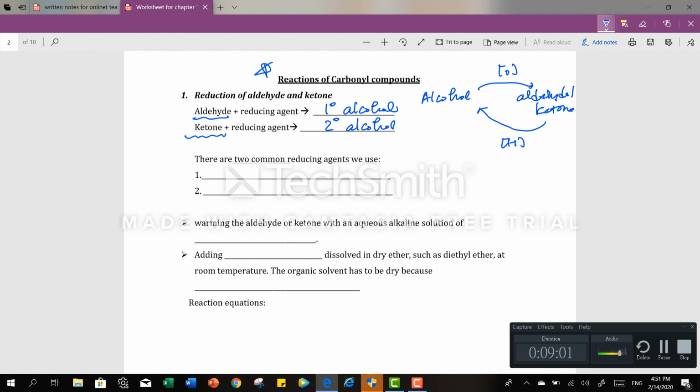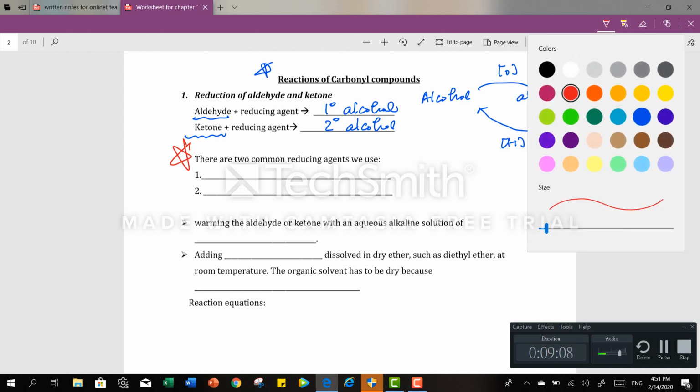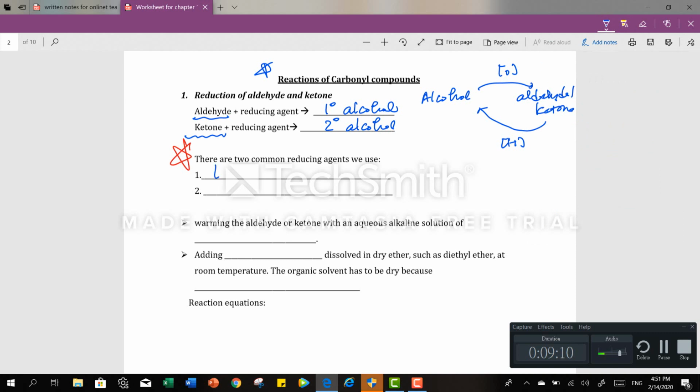And here are the two very important reducing agents you have to bear in mind right now. One is LiAlH4 in dry ether. If the question asks you to name it, it is lithium tetrahydro, not enough space, aluminate.